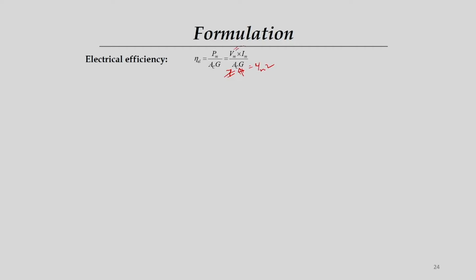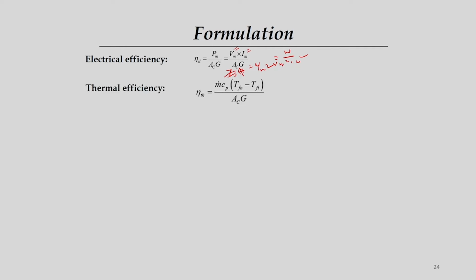And this is in volt, this is in ampere, and this is in meter square. So, watt per meter square multiplied by meter square will be watt, and at the top also it is watt. So, both numerator and denominator will be watt. So, finally, it is dimensionless.